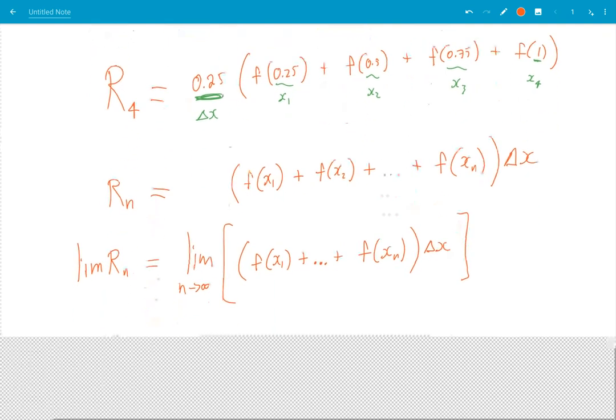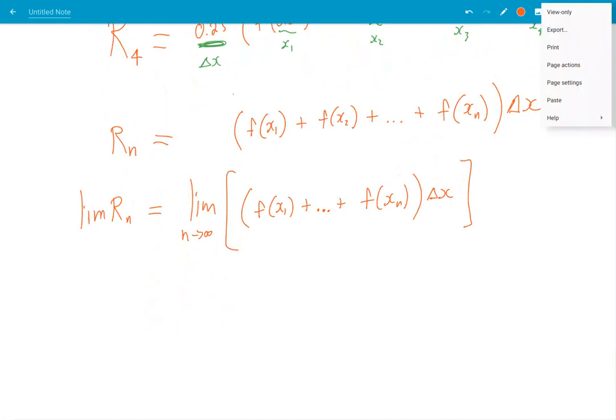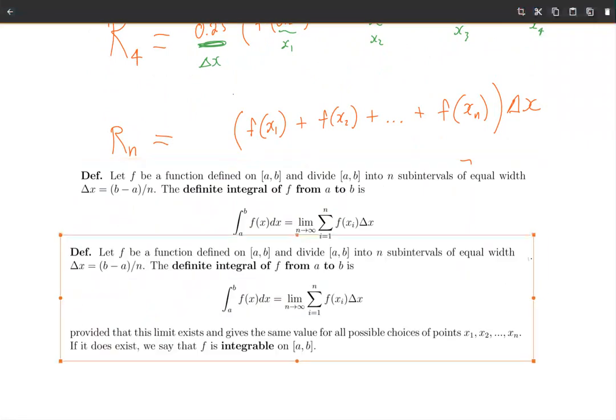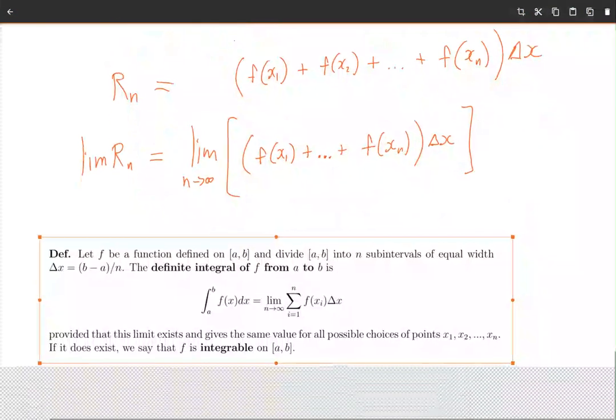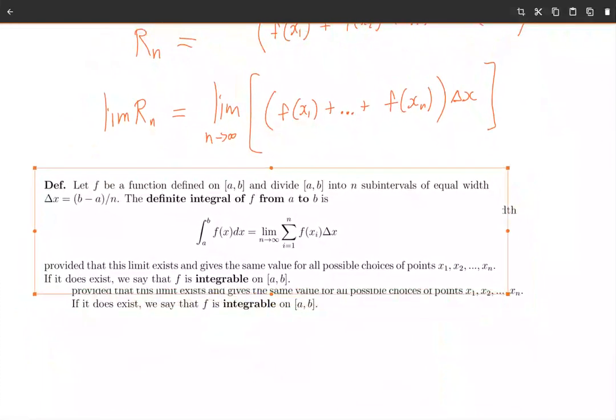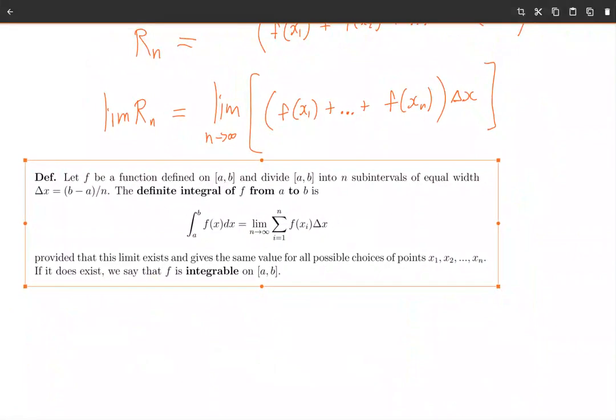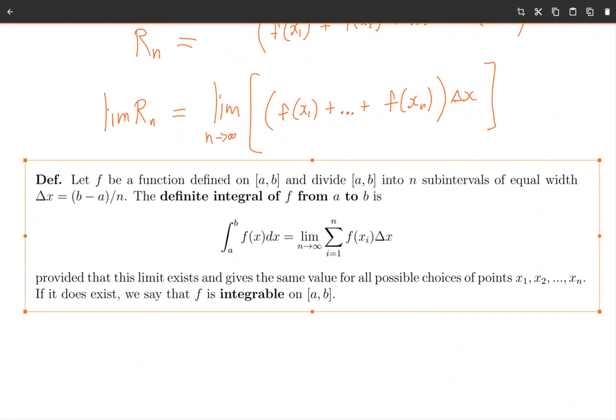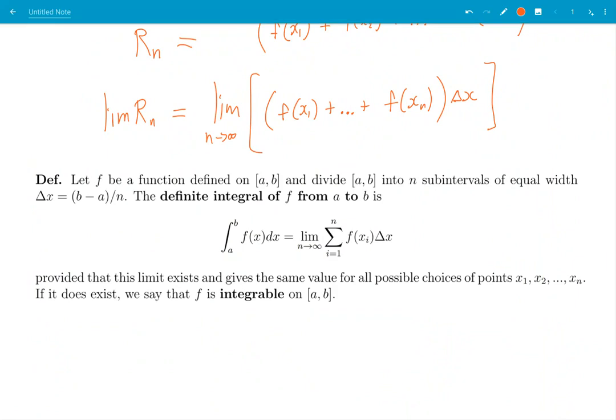Now we're going to build on that for the following definition. Let me just paste it on here and move it around. So this definition builds on what we were just talking about. It's a lot of words there, but I want you to look at this expression here.